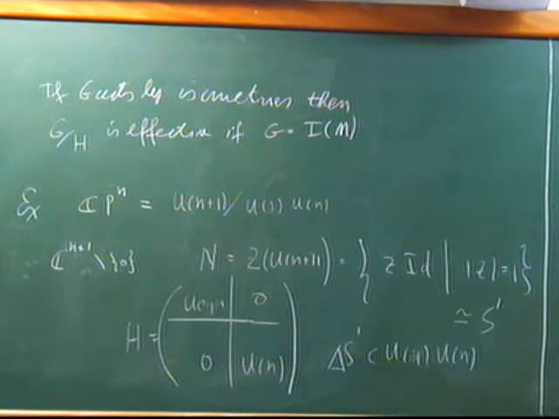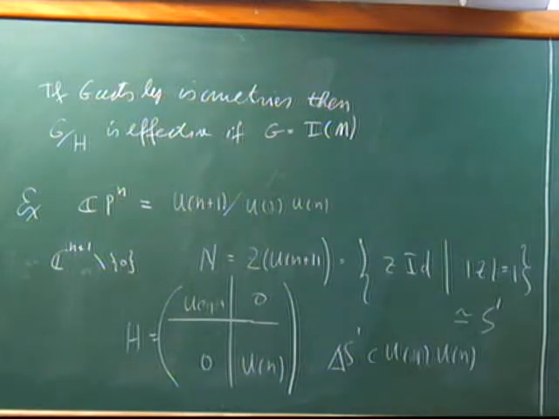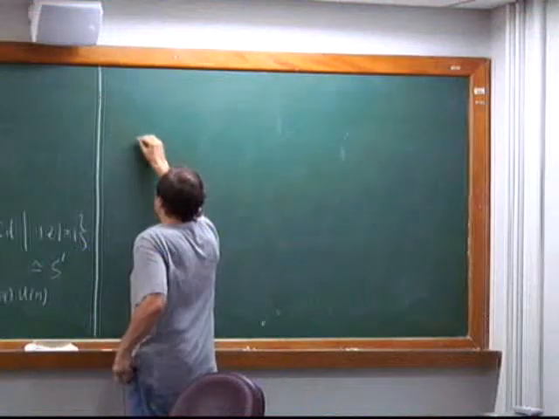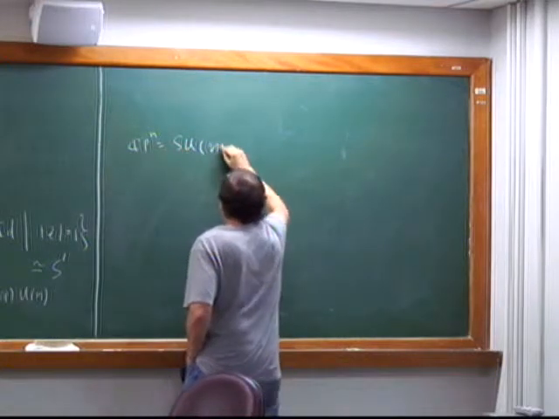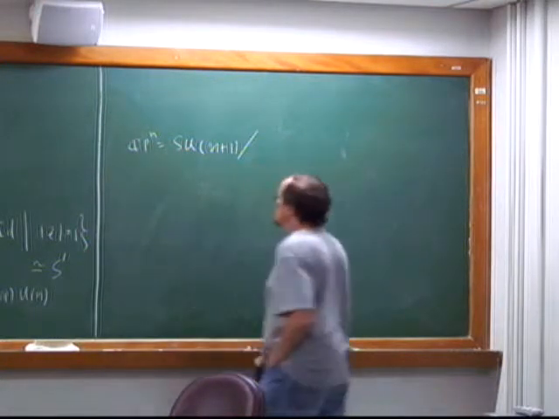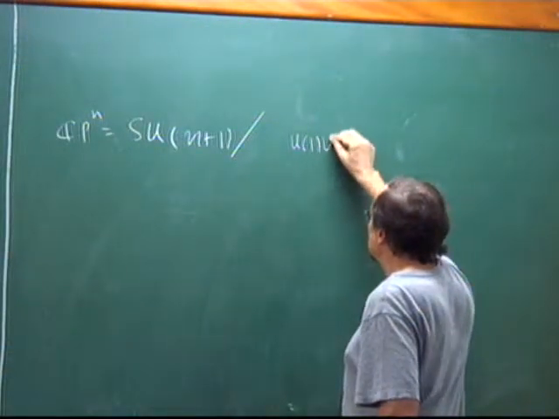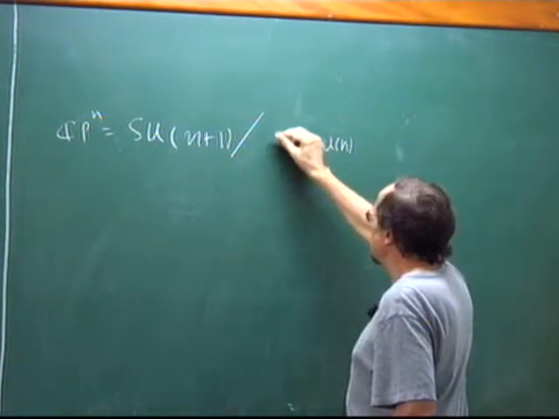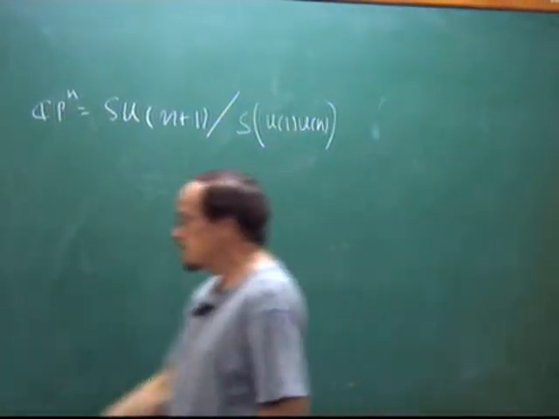So it's not effective. First, for example, I can take a subgroup with the special unitary group. It also acts transitively. And what's the stabilizer? Again, matrices of the same form. But now I have to require that the determinant of the whole matrix is equal to 1.